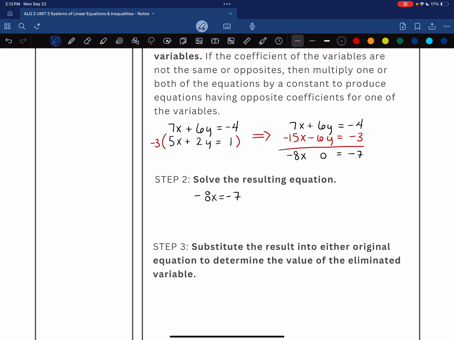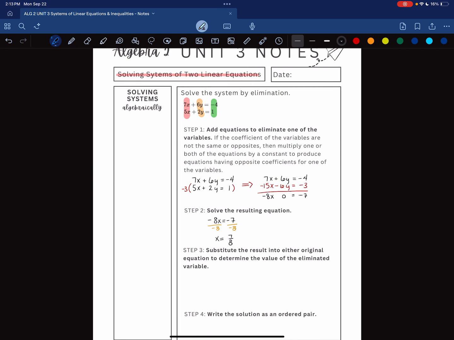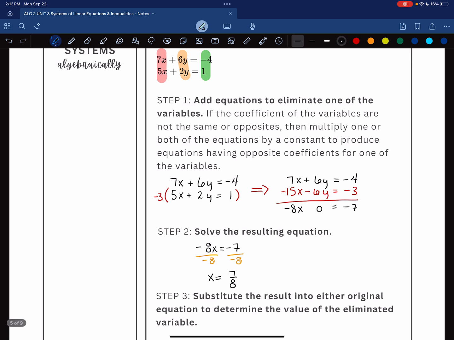Now to finish solving that equation, I'm going to divide each side by negative 8. And that gives me x equals a positive 7 over 8. Now we're going to plug that back in to one of the original equations.